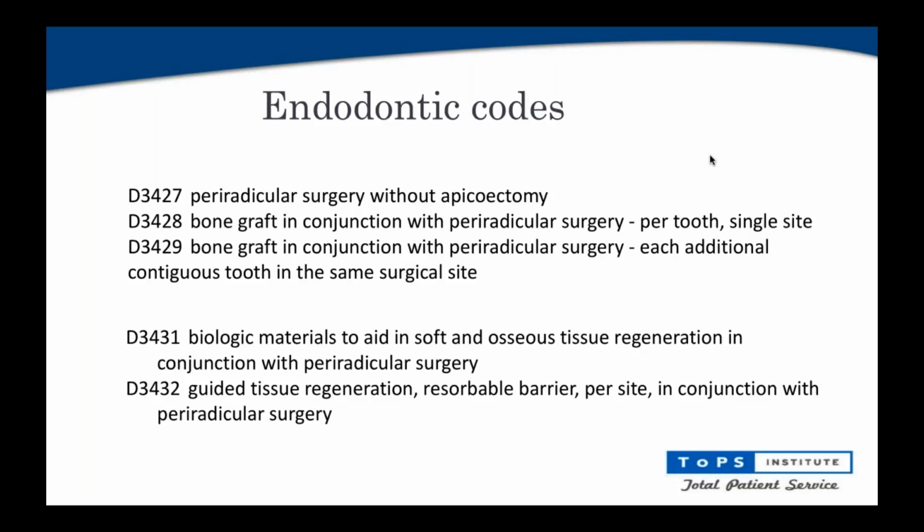Of course, there's also the 3431, which is biological materials for soft tissue integration, and then the 3432, guided tissue regeneration per site. Again, these are not for periodontal treatment, but all for endodontic treatment. So for our endodontic specialists and our general offices that are offering endodontic services, here are five very underused codes that you often address in your practice. We look forward to you using them in the future.